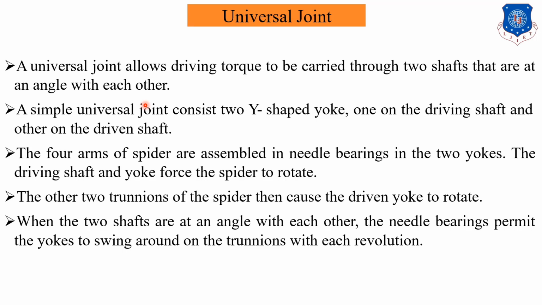A simple universal joint consists of two Y-shaped yokes, one like this and another like this. In between is a member with four arms, which is inserted between these two yokes so that it can transmit power at some angle.